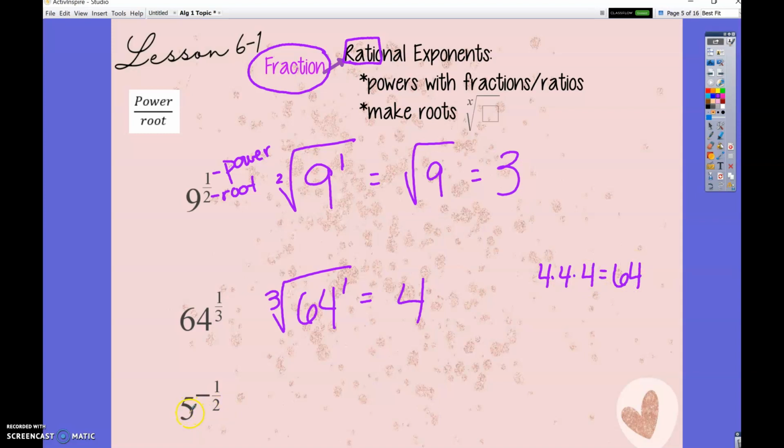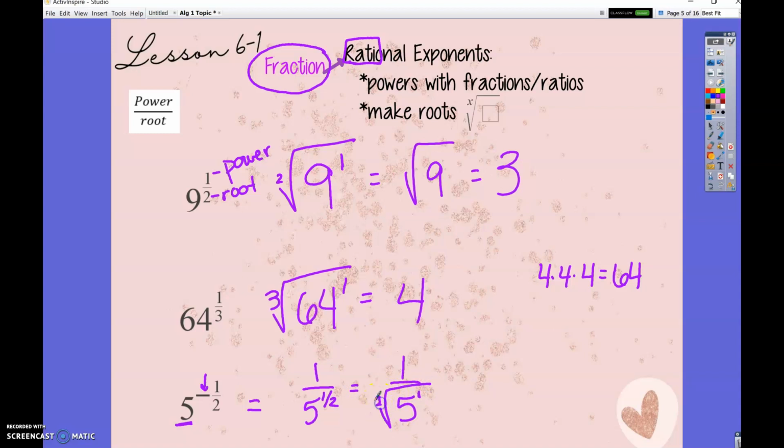Just a fun little fact here. What if we combined our last slide with negative and a fractional rational exponent? This would be 1 over 5 to the half, because that negative will change the part of the fraction that this 5 is in, and the half stays, but we now know that that is the 5 to the first power, which I don't have to write, but I will, and the square root.